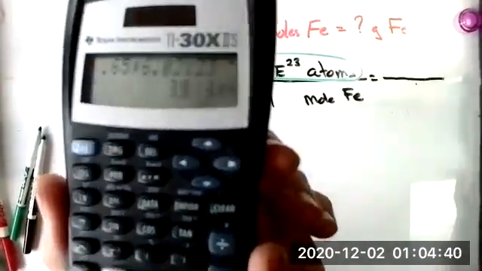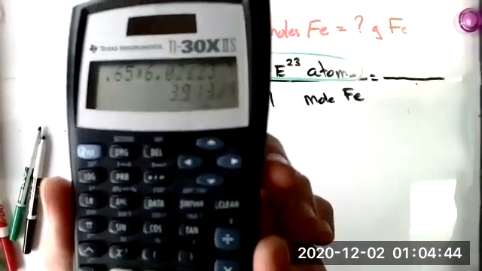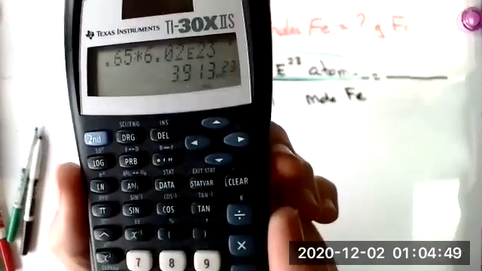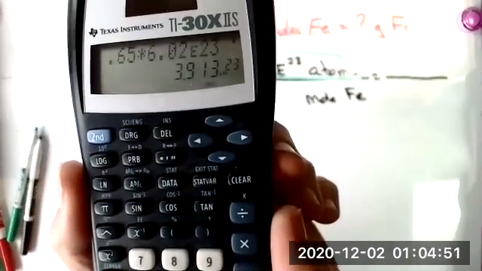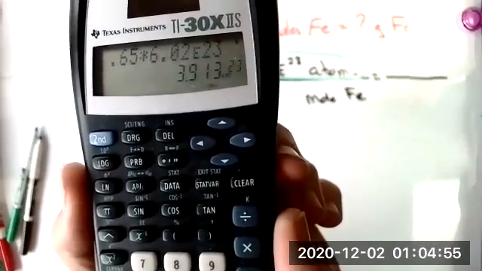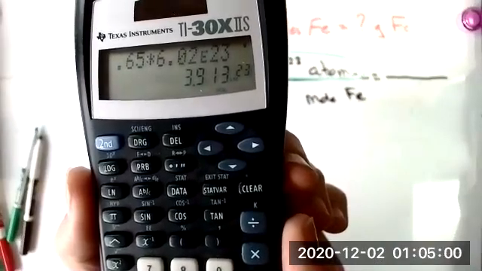Oh, look what my calculator gives. It's kind of hard. The camera doesn't like glares. Oh, I'm not going to move my hand now. See that? Got it. 3.913.